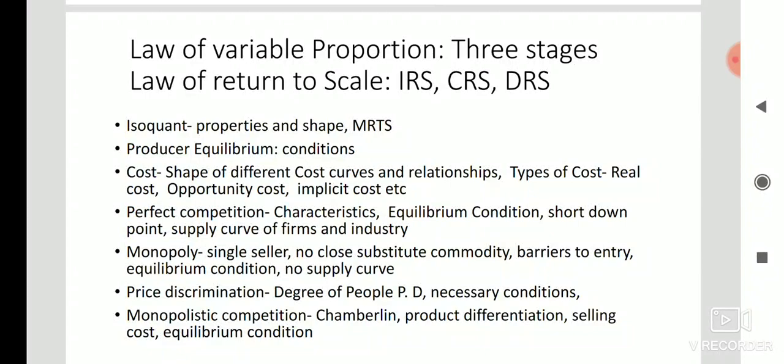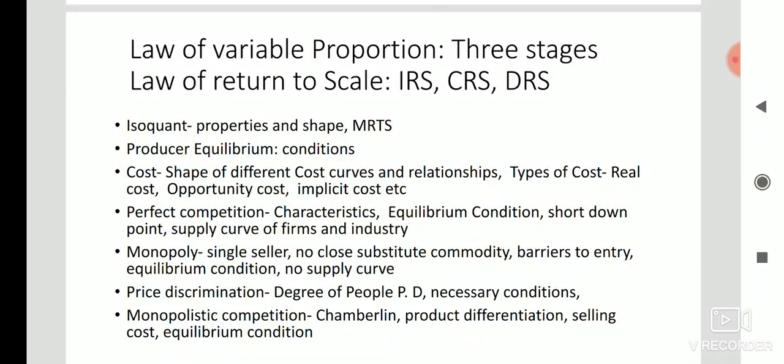And there exists a relationship between AC and MC: MC cuts the AC and AVC at their lowest point.